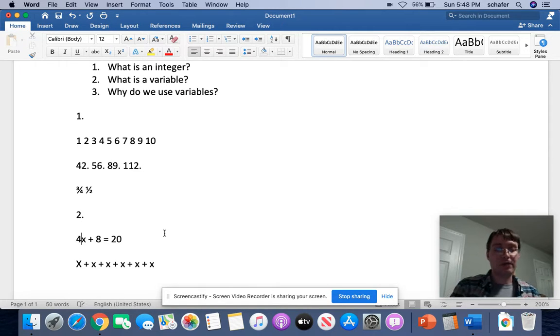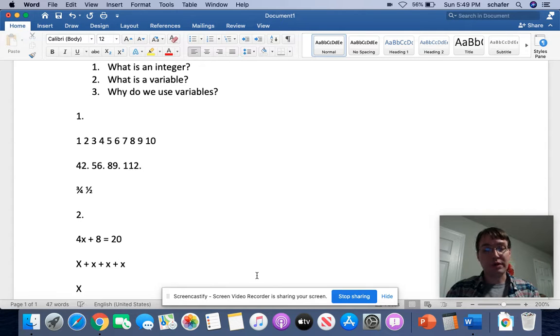But as it's written, of course, we have 4x, so I'm going to change that back to 4 x's. 1, 2, 3, 4. But x, remember, means what? 4 of what? So 4 of what plus 8 equals 20? We don't know the answer to that. That's what the variable is there for.